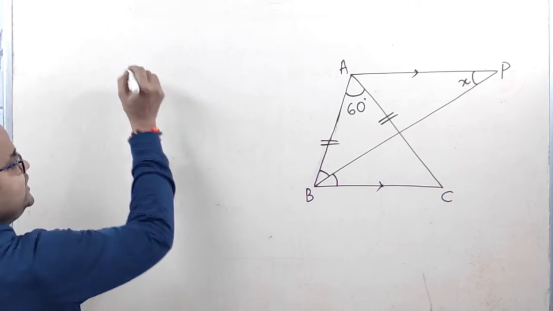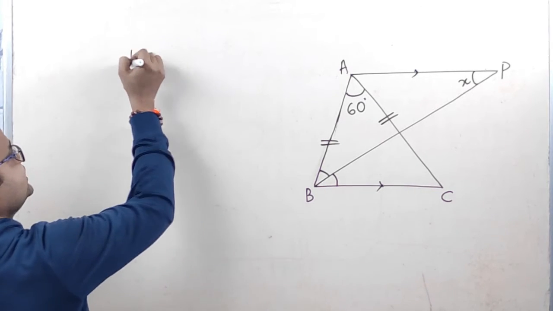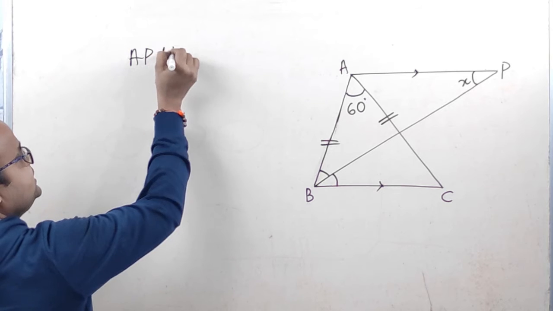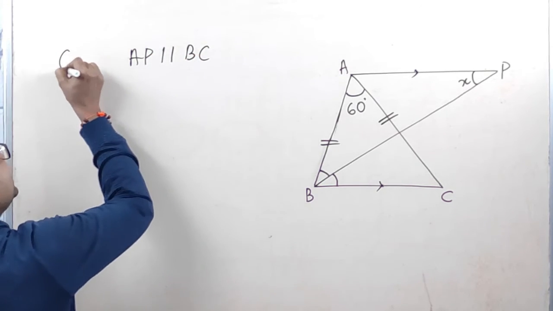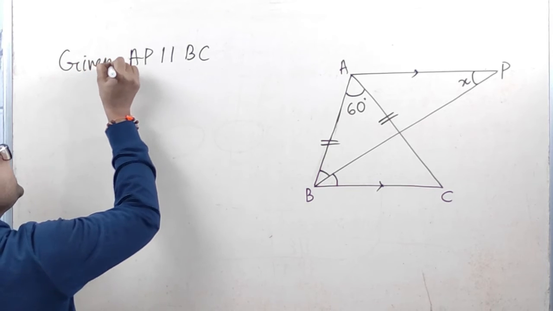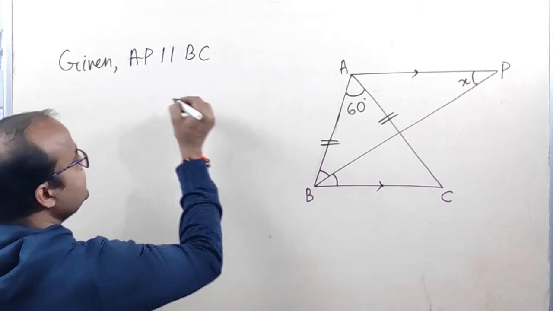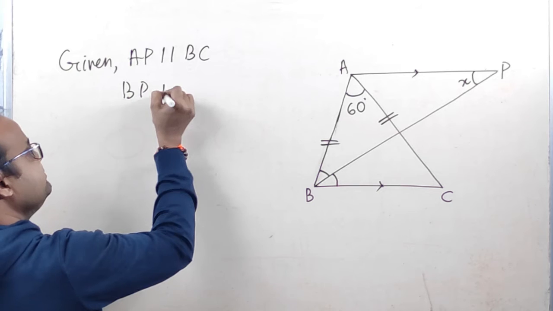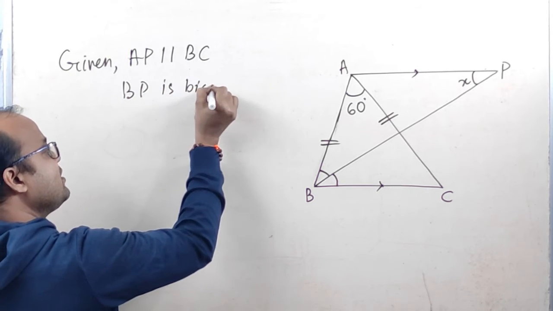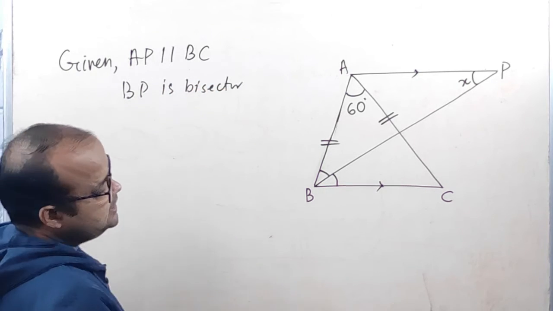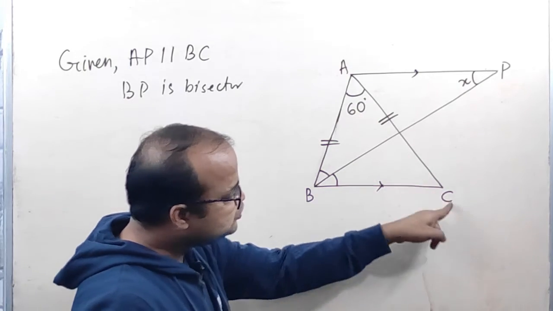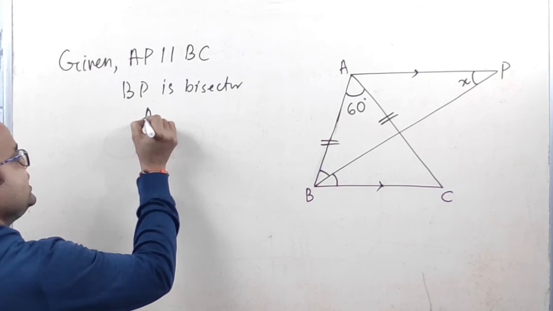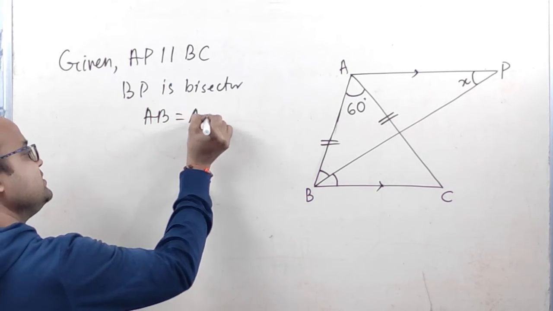So we first write down the given information that AP is parallel to BC. We can say here given. Also BP is bisector. And it is also given that AB equals AC.